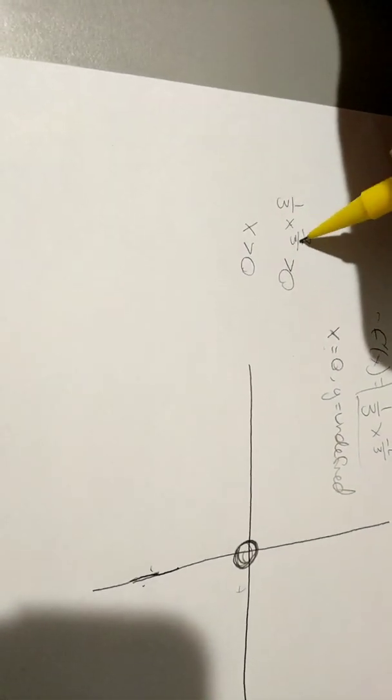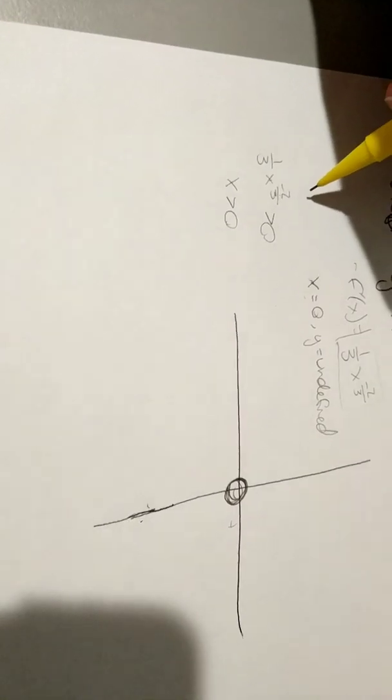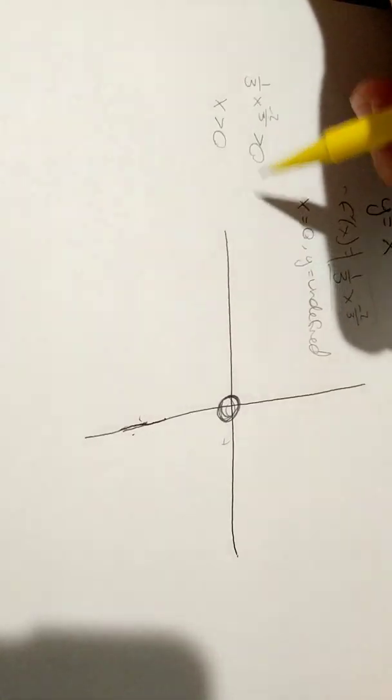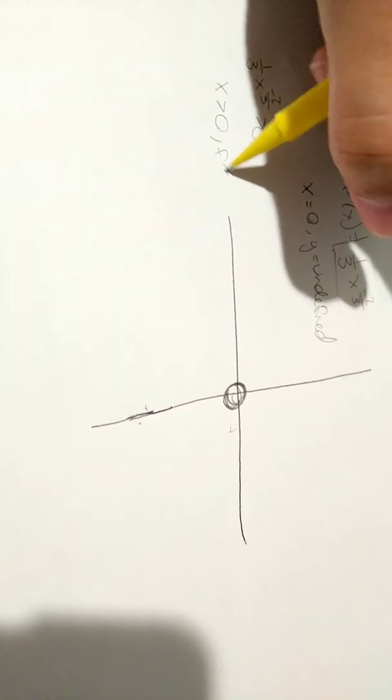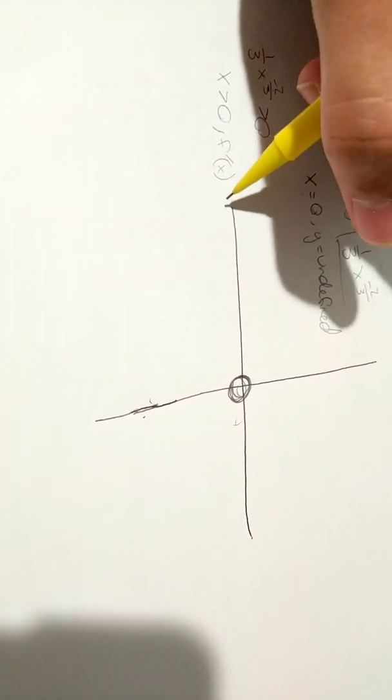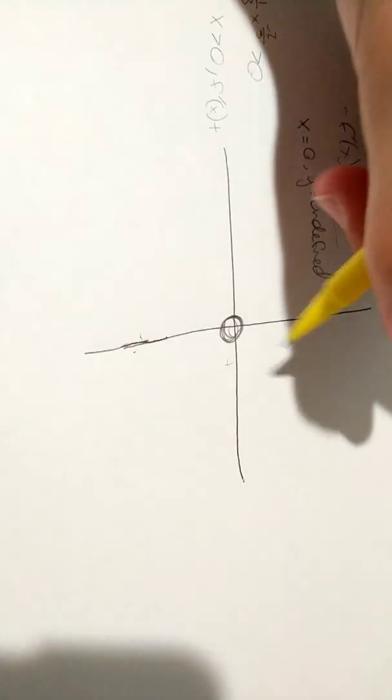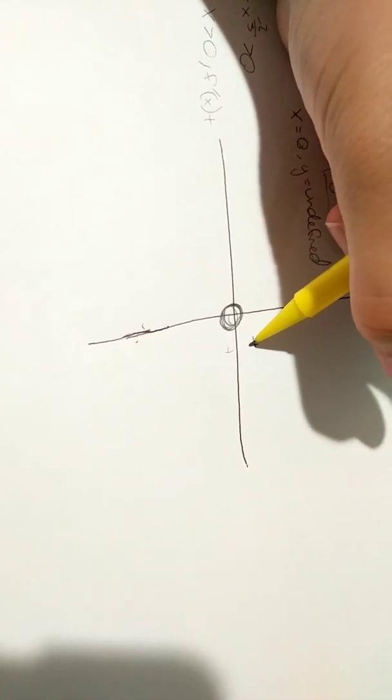You can just see that because there's only multiplication here. So when x is greater than 0, f prime of x will be positive, so you'll have positive slope over here.